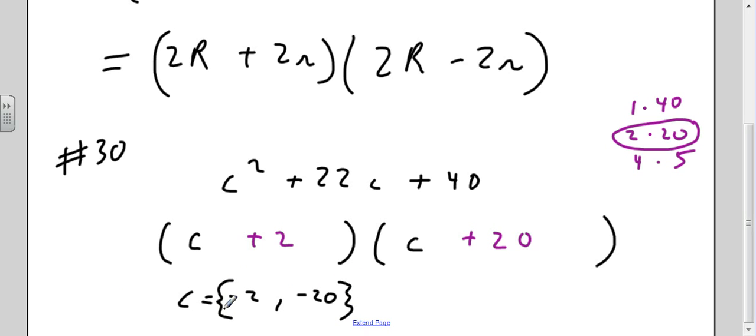In order for c to be minus 2 and have that equal to 0, it has to be c plus 2. And in order to have c plus 20 be 0, c has to be minus 20. So that checks my work. I don't necessarily have to go and do this. I could just put it in my calculator, ask it for an answer, and life would be so much better. All right, we'll do 33.